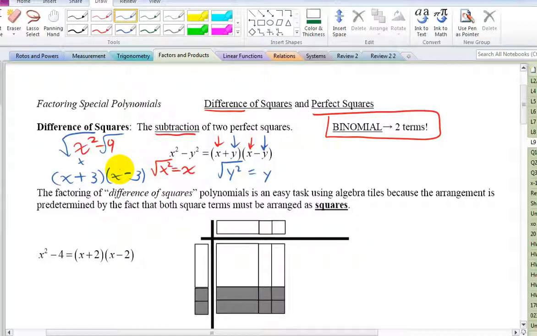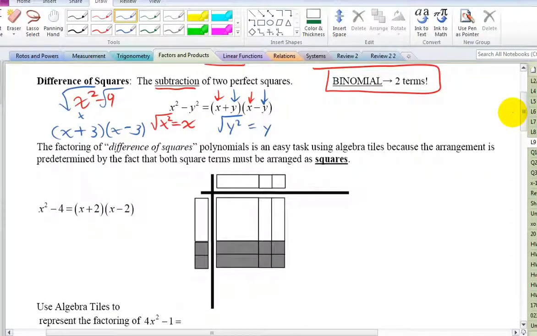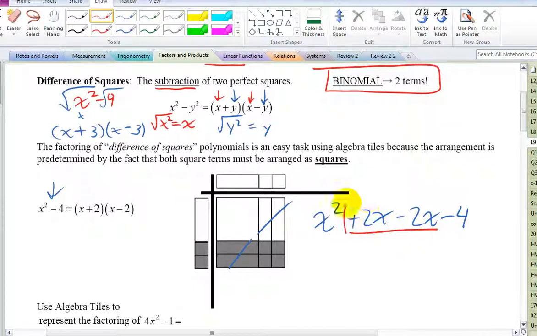Okay. So when we draw the diagram, because it's a subtraction, we are going to have 0 pairs formed. And instead of having x squared plus 2x minus 2x plus minus 4 squared, what happens is that these two combine and they are gone.